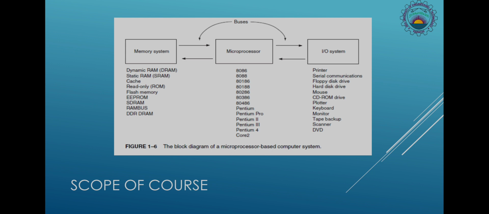So the address identifies which input or output device is to be accessed, and data will travel through the data bus. If the microprocessor is accessing an input device, data will travel towards the processor, and if there is an output device, then the microprocessor will output data through the data bus to that output device.